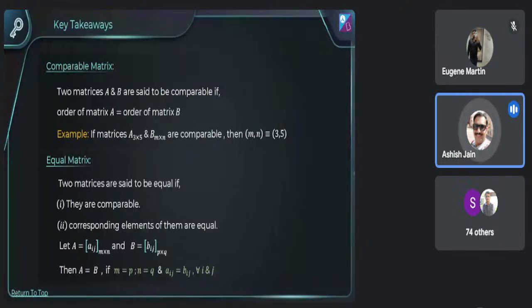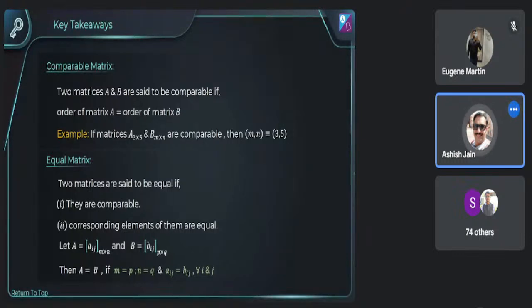I'm not saying they are equal, but they are comparable. If matrix A is 3 rows by 5 columns and matrix B is also 3 rows by 5 columns, no matter what the values at these positions are, we call them comparable matrices. Is it clear? So matrices are comparable if the order of both matrices is the same.